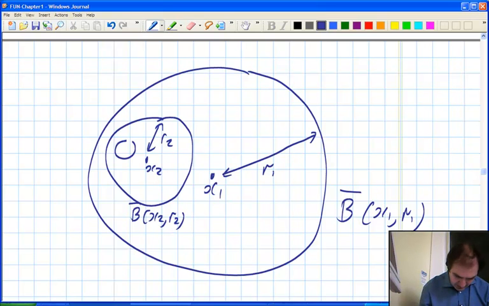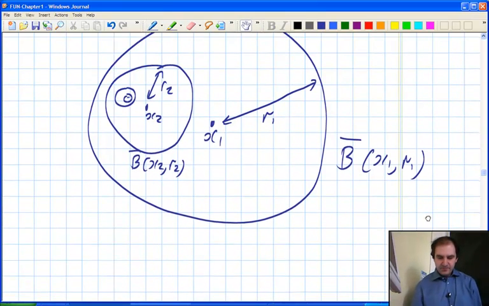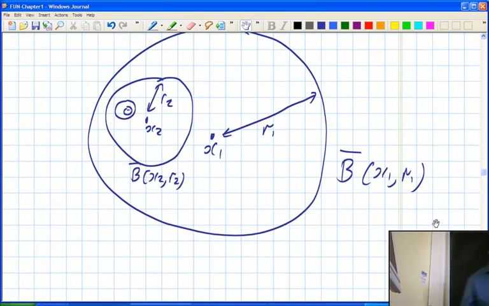And so on. You don't know where they go. But that's a picture to bear in mind. And now we're going to prove this result about the nested balls. So we're going to prove lemma 1.4.